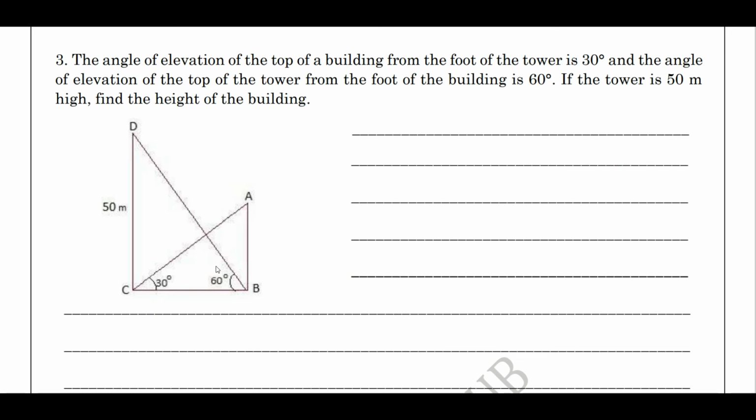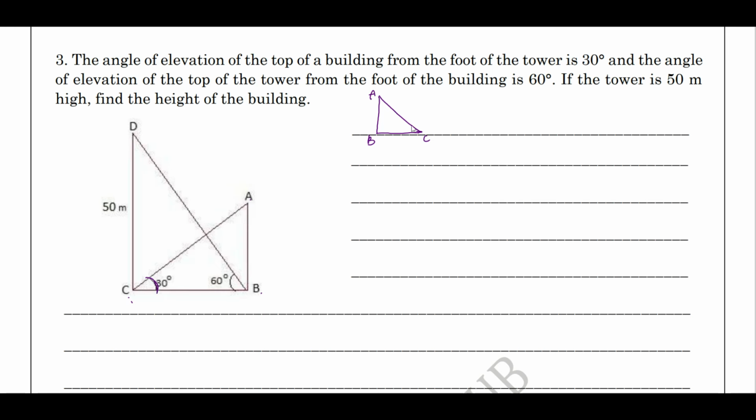First, what I'll do? I'll identify the right angle triangles. What are the right angle triangles? The right angle triangle ABC. In that, angle C is here. Don't write it as 60, it is 30 degree.